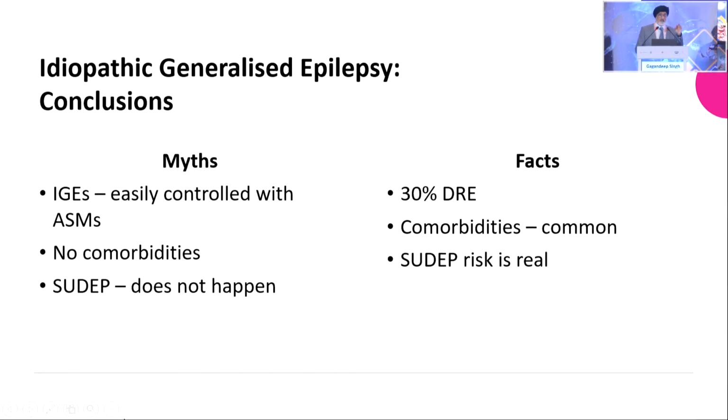We believe that SUDEP does not happen in idiopathic generalized epilepsies, but it does. And there are now large series which tell us that SUDEP can occur in idiopathic generalized epilepsies. So we need to discuss SUDEP, because these are generalized seizures. And remember, what is the risk factor for SUDEP? Someone who has a generalized tonic-clonic seizure, right?